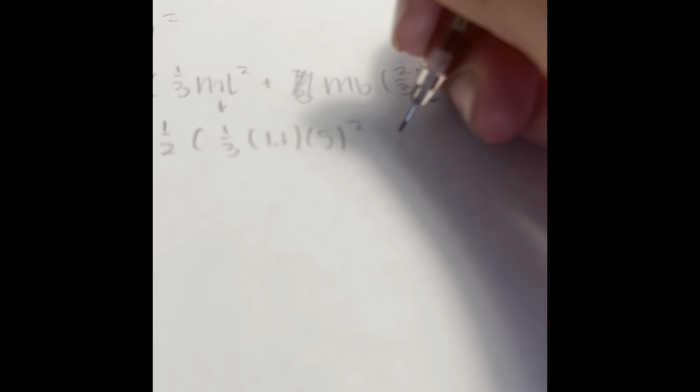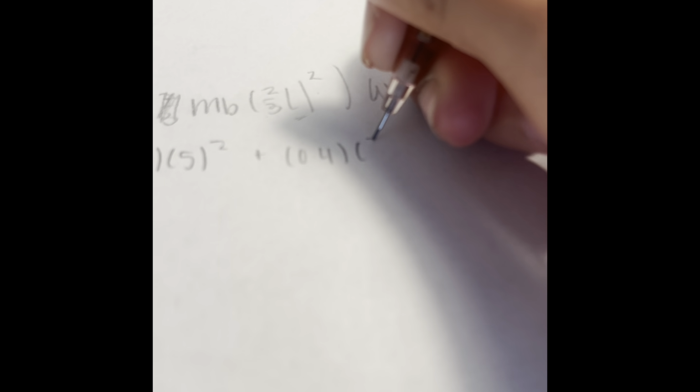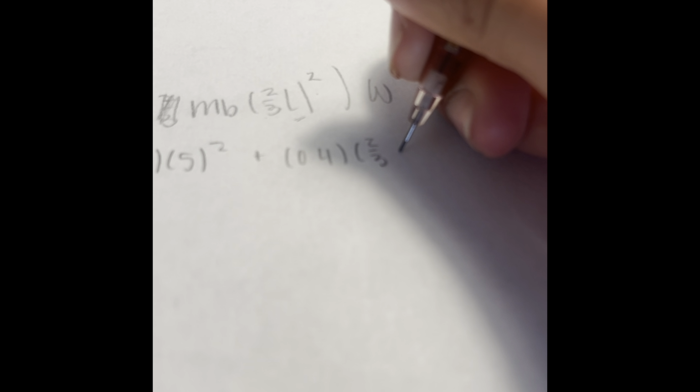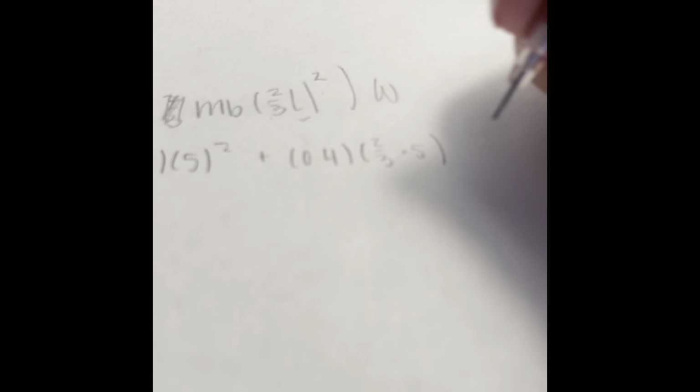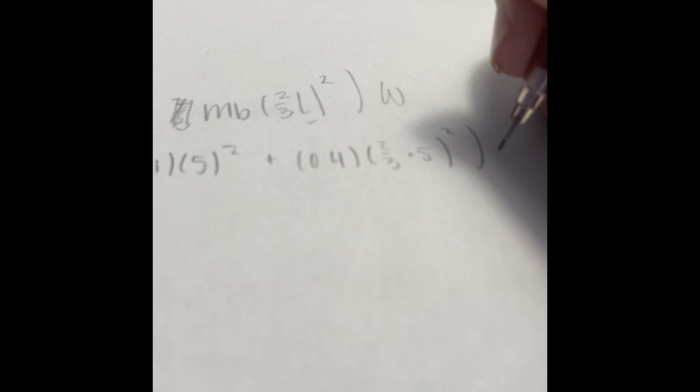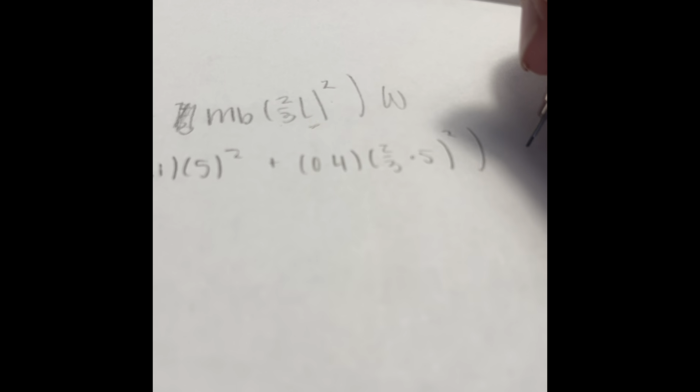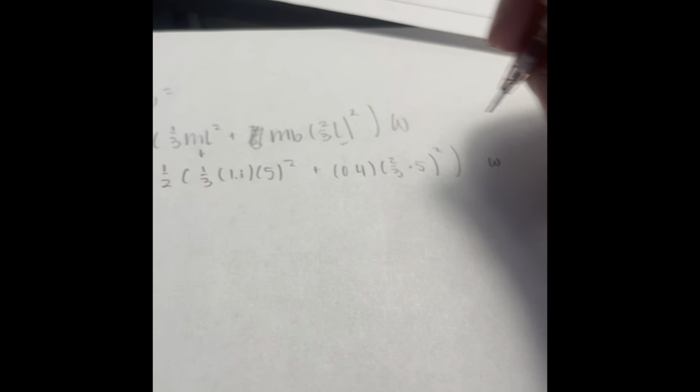So (1.1 plus 0.4) times 9.8 times h is equal to 1/2 times (1/3 times 1.1 times 5 squared plus 0.4 times (2/3 times 5) squared) times omega squared.